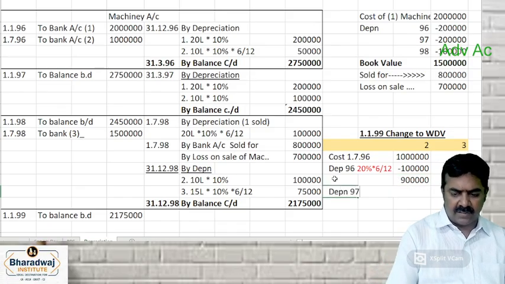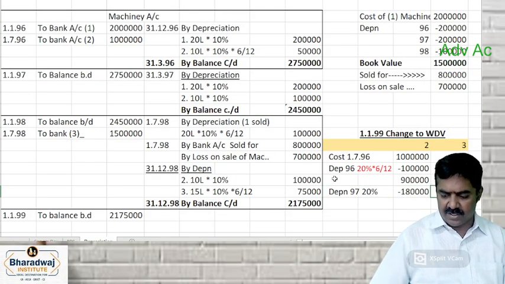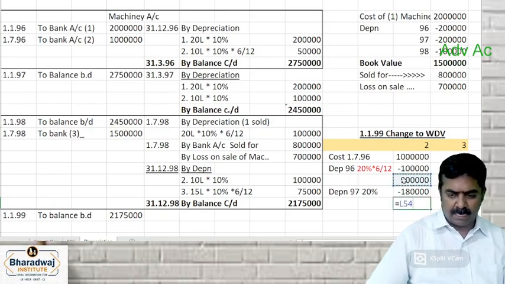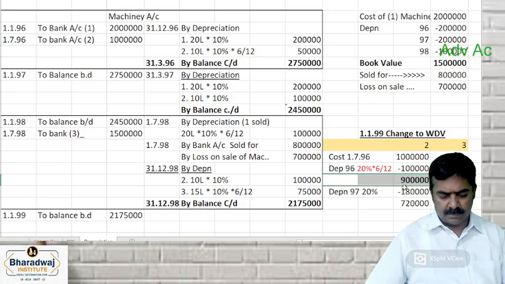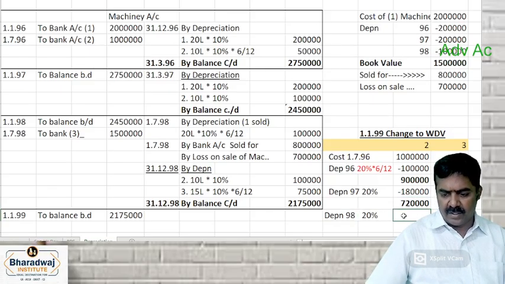Depreciation for 97 will be on this 20% and over, 1,80,000. Third machine is just now purchased. Okay, next year we purchase. Depreciation for 98: for this machine we can directly put 20%. 7,20,000 at 20%.